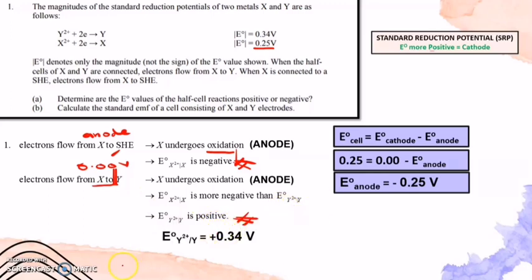And as a conclusion, E naught Y2 plus Y is equal to positive 0.34 volt. So we have settled the first question.